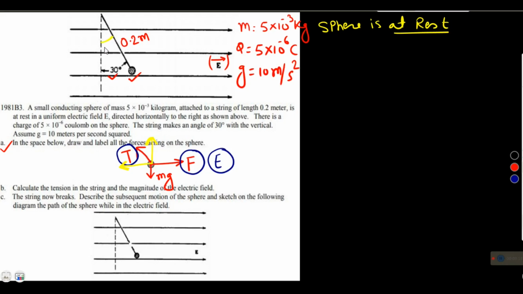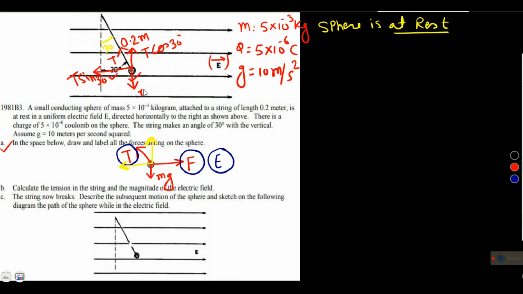See, in the diagram, since this is 30 degrees, right, and tension is acting like this, one component will be this side and another component of tension will be this. This will be T cos 30 degrees, right? And this will be T sin 30 degrees, right?